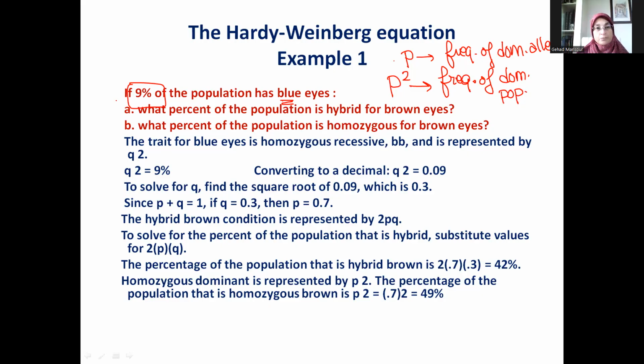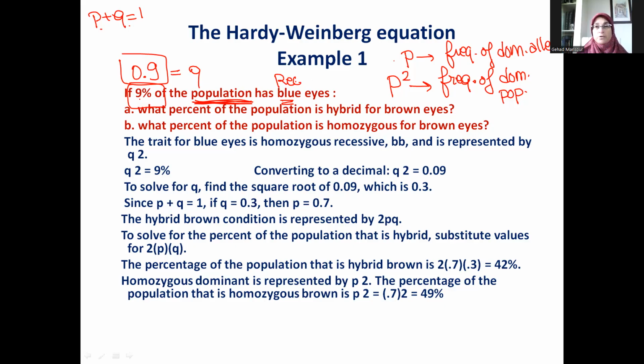So 9%, first of all, means 0.9, or can be written as 0.9. This is more convenient because we have P plus Q equals 1. So if you use a decimal, that would be more convenient. Blue eyes, this is recessive, and this is a percentage in the population. So 0.9 represents what? First of all, will I use the letter Q or P? I will use the letter Q because I'm talking about a recessive individual. But are we giving you that percentage?